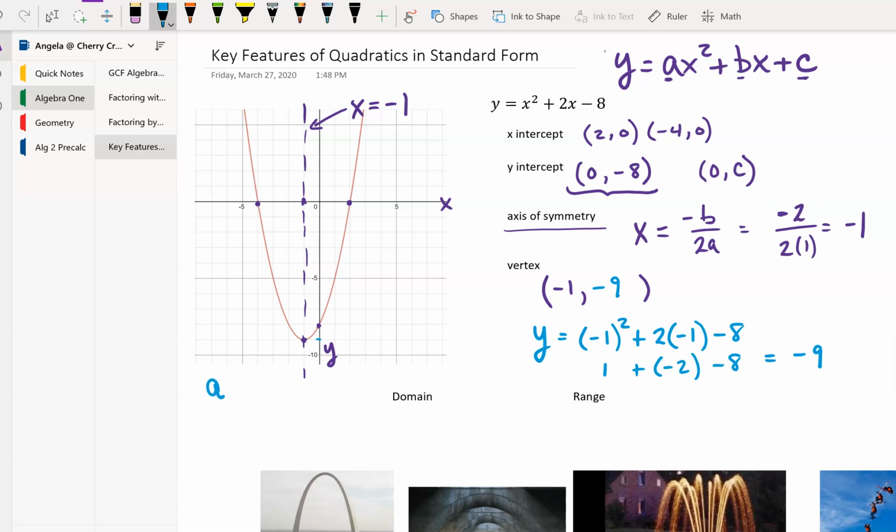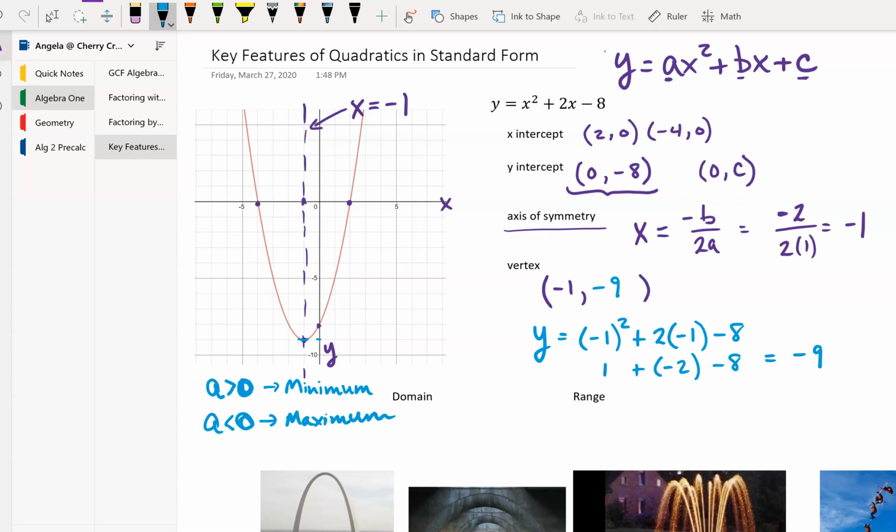So if your A value is greater than 0, you're going to have a minimum like that, and you are going to be able to tell that your parabola is opening up. If your A value is less than 0, then your parabola would be opening down and you would have a maximum at your vertex.